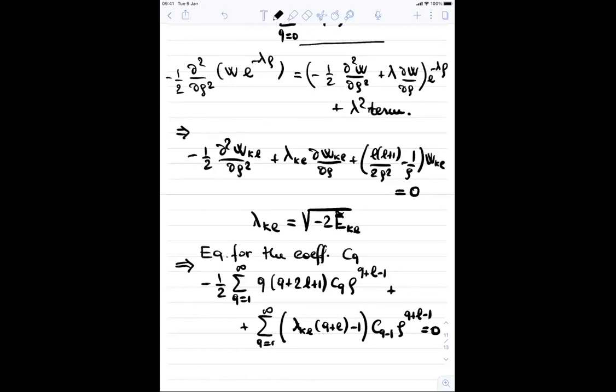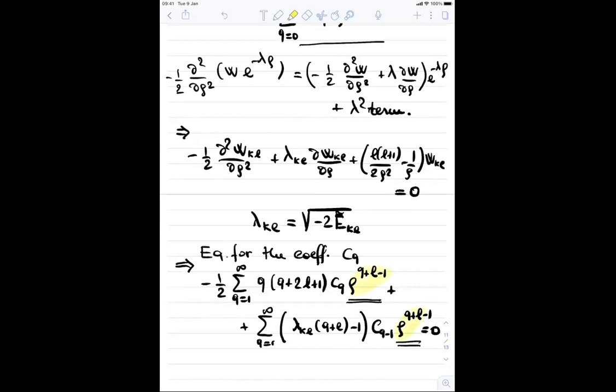Follow the notes. Now, one thing that you notice is that here you have two infinite sums, but they have exactly the same powers of rho, rho to the Q plus L minus 1. You notice?